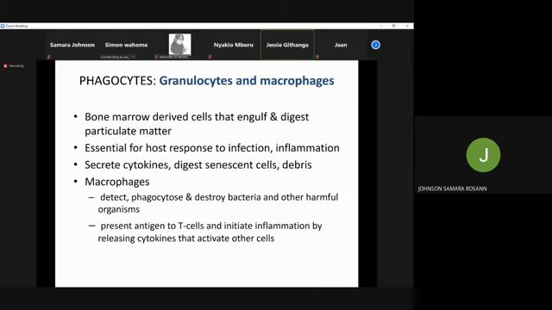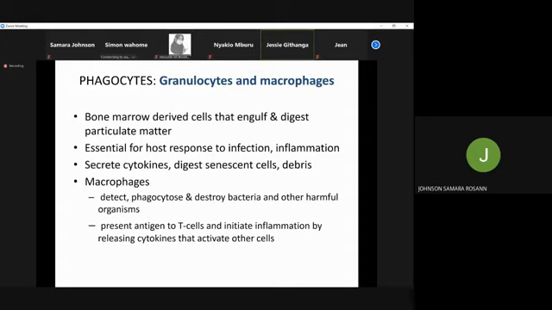So as I said, macrophages detect, phagocytose, and destroy bacteria and harmful organisms. They are also known as antigen-presenting cells. That means that once it engulfs the bacteria or the harmful organism, it presents this to the T cell, all right?